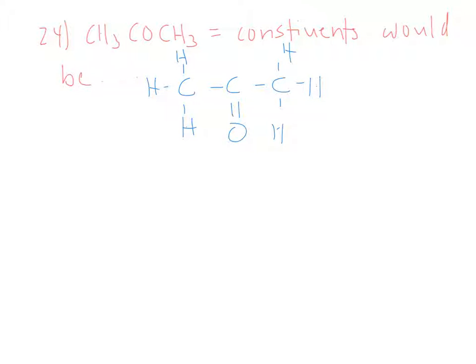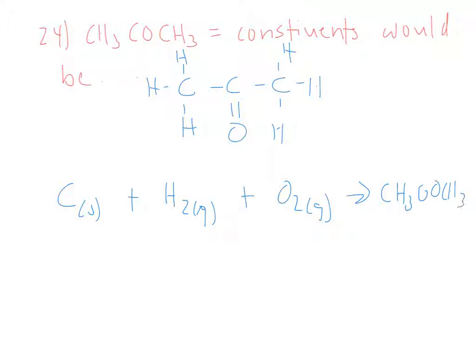And the constituents would be carbon in its solid or graphite state, monoatomic. You'd need H2 as a gas, and then you would need O2, which also would be a gas. And then to form CH3COCH3.